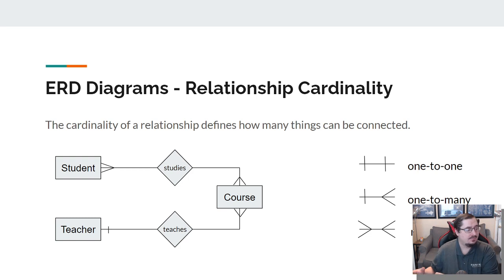If I say one to many, then that lecture can only be part of one course. Many to many means that lecture can be part of multiple courses. Both of those can exist, and it depends on the kind of system you're building.